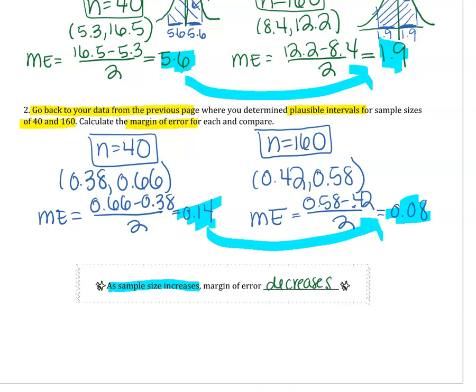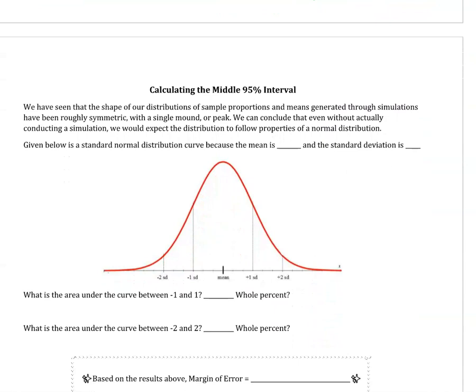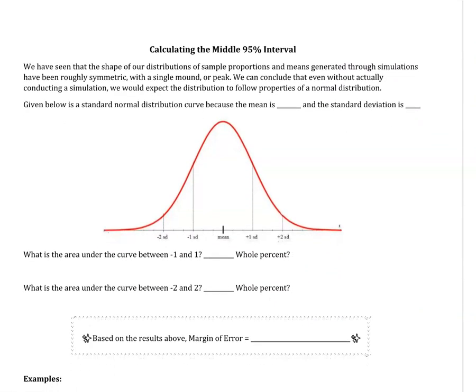Now, you know from what we've talked about previously that standard deviation decreases as well. So how are standard deviation and margin of error related? Well, that's what comes in on the next page. So what you all are looking at is a standard normal distribution because that's how a lot of our data has ended up looking.